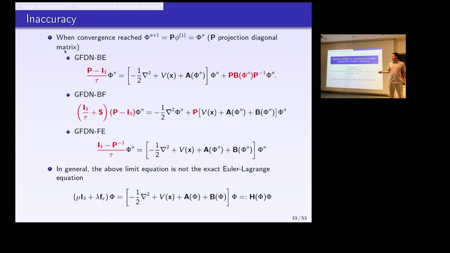The problem is that once they converge, we want this equation to be exactly the Euler Lagrange equation in the original form. This requires either this matrix to equal 1 or this P to equal the identity. But normally, this cannot be satisfied, unless in the case of these 2 Lagrange multipliers, if one of them is equal to 0, then some of these schemes can work and be reduced back to the Euler Lagrange equation. But in general, no.